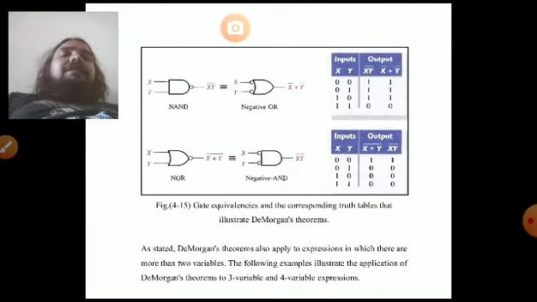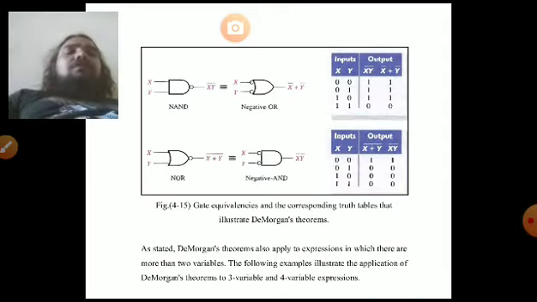The De Morgan first law is x into y whole bar is equal to x bar plus y bar, and the expression for the De Morgan second theorem is x plus y whole bar is equal to x bar into y bar.